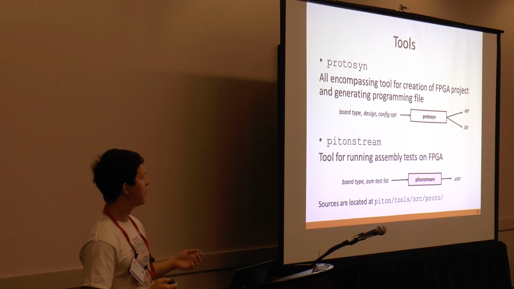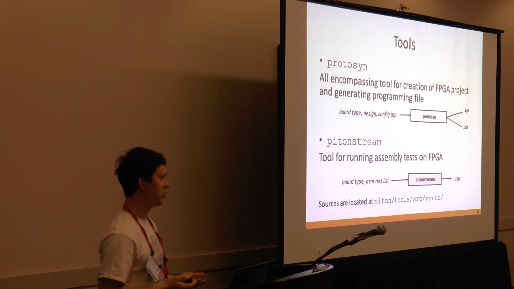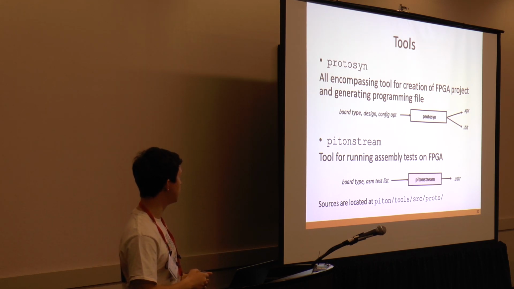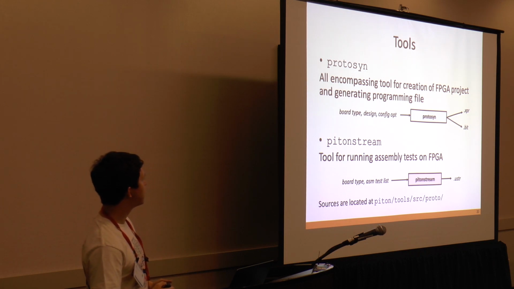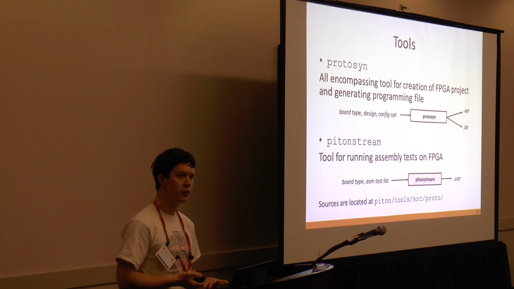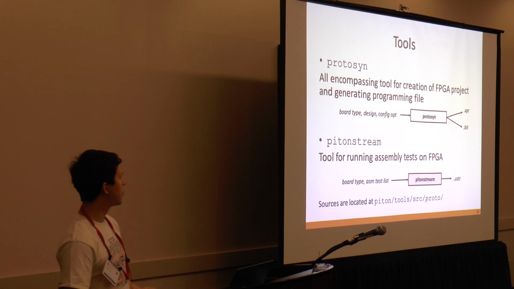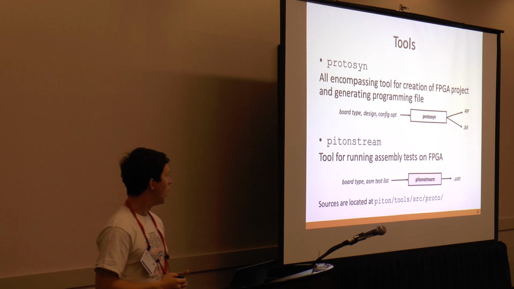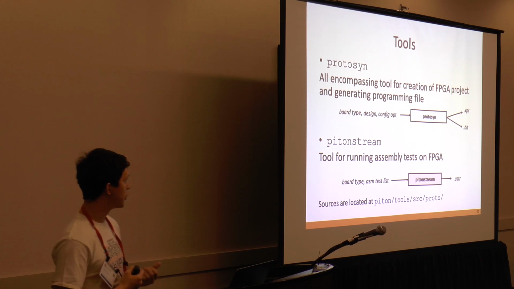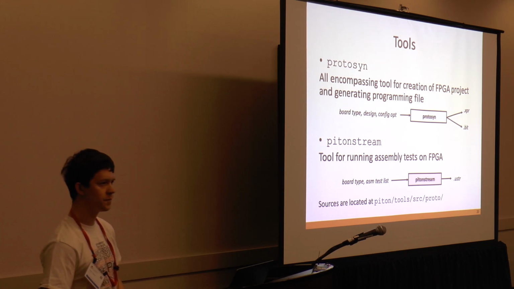It's actually not a bit file, it's a design checkpoint, but eventually after Amazon post-processing you will get a bit file too. So ProtoSyn takes a number of options which specify the board design, the number of cores, the type of core, and after that currently we support the Vivado toolchain, and it produces the required output.